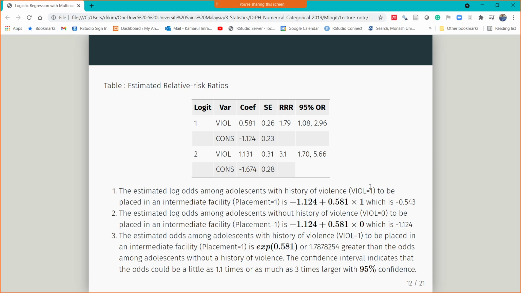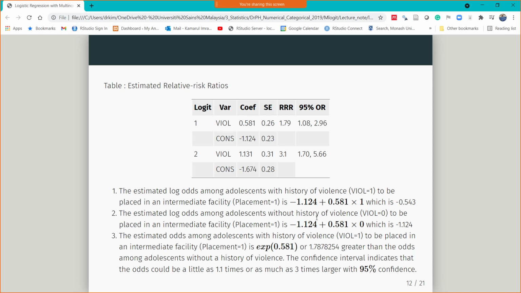So the estimated log odds among adolescents with history of violence. Violence is coded as 0 and 1. If the adolescents have a history of violence, the log odds to be placed at intermediary facility 1 is minus 1.124 plus 0.5811 times 1, which is minus 0.543.